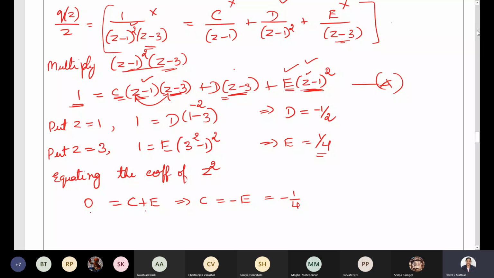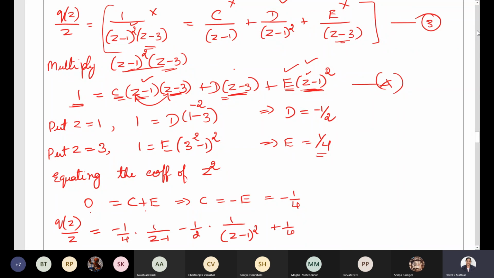Substitute over here, in this expression 3. On substituting we get Q of z divided by z equal to, C value is minus 1 by 4 into 1 by (z minus 1), D value is minus half into 1 by (z minus 1) whole square, then E value is plus 1 by 4 into 1 by (z minus 3).